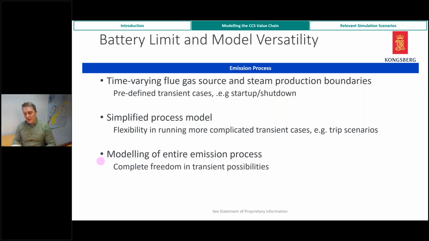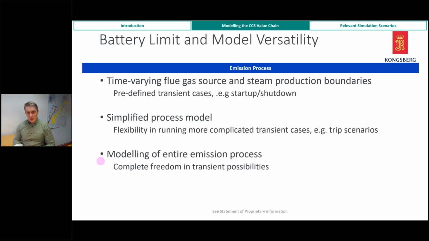Although it should be said, in many cases, the emission process already exists. This is the case in Norway with the cement factory. That process has been running along for many years. So you actually have process data. So in those cases, you can actually use the process data to build this model to help you get started quickly.